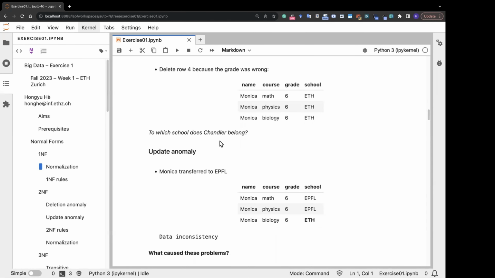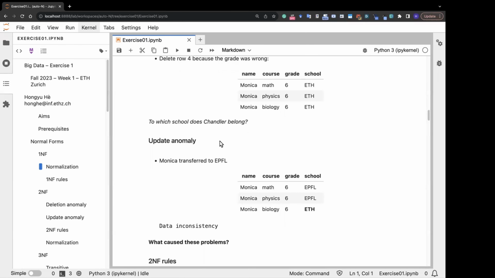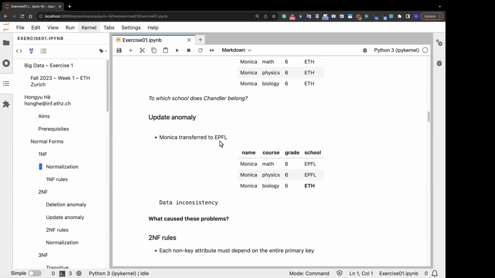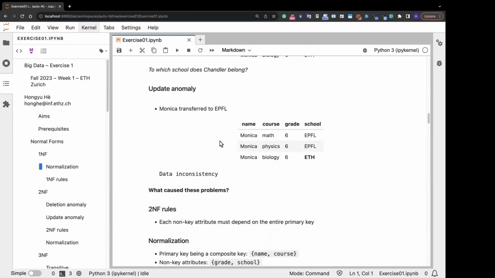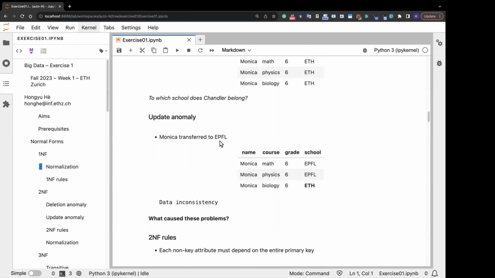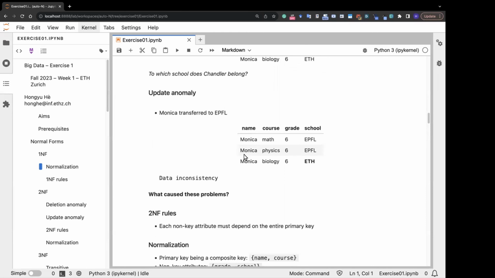So the origin of these problems is that this table is not adhering to the second normal form, which is that each non-key attribute must depend on the entire primary key. In our case, this table no longer has a single primary key, right? We have a composite key, which is the name and the course.